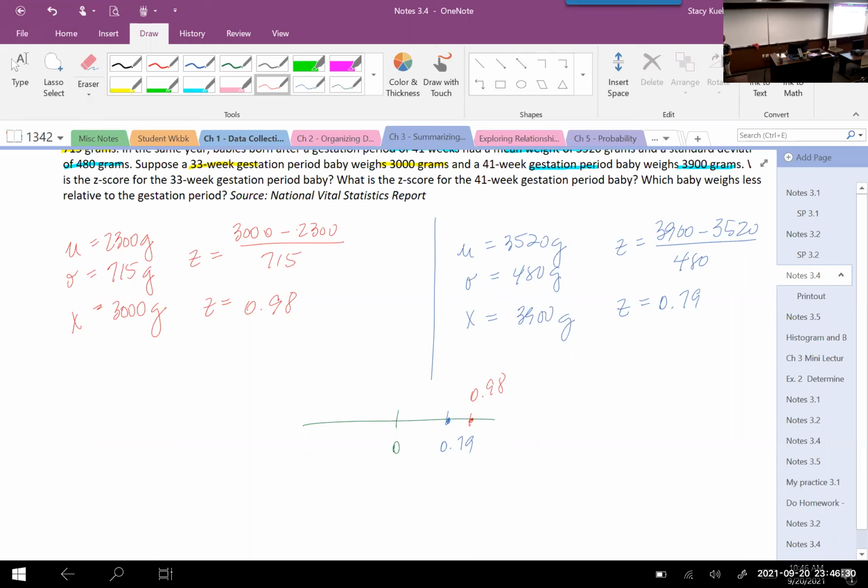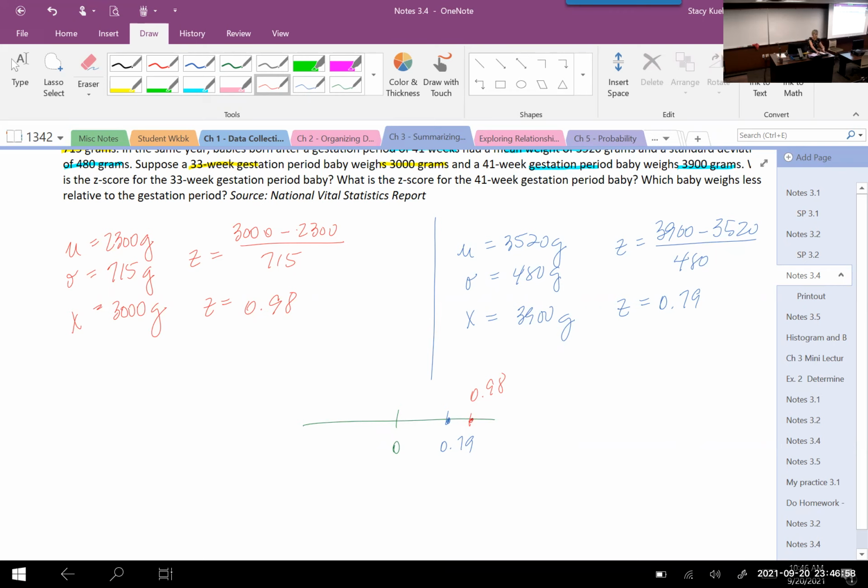All right? And so in this particular case, if this is 0, and I want to know who weighed less compared to that of the two values, who's closer to 0, right? That's what a z-score allows us to do.